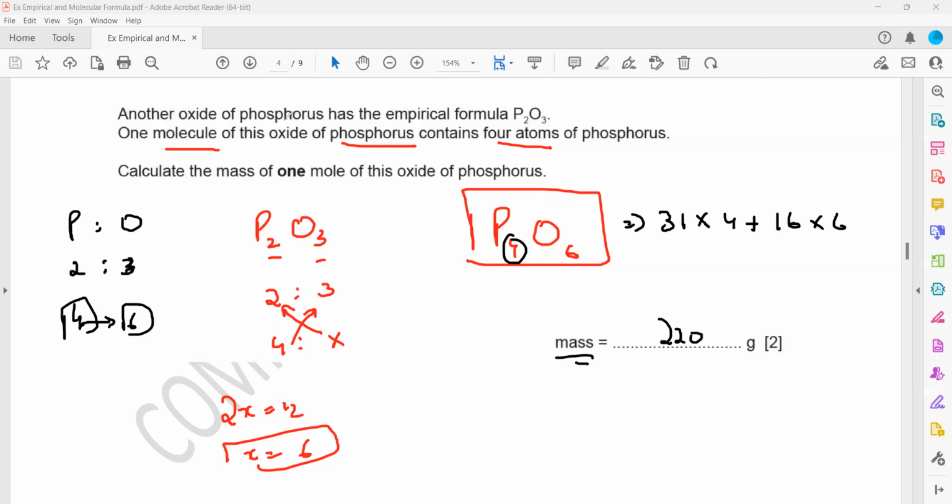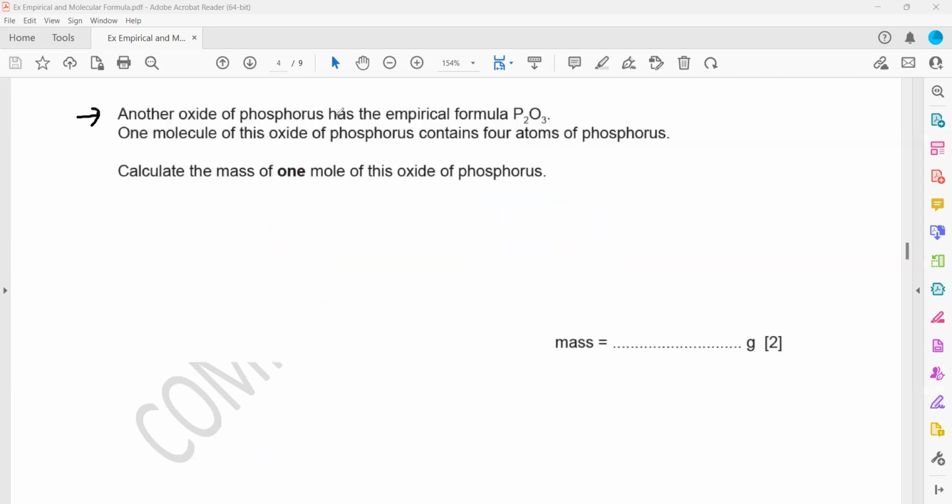Look, in the question we have a phosphorus oxide with the empirical formula P2O3. Empirical formula means it represents the simplest ratio between the atoms, so the simplest ratio is 2:3. They are asking what is the mass of a compound which has 4 phosphorus.